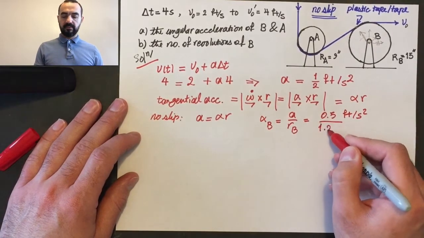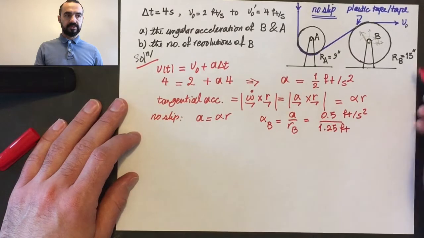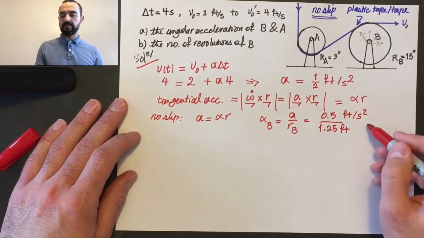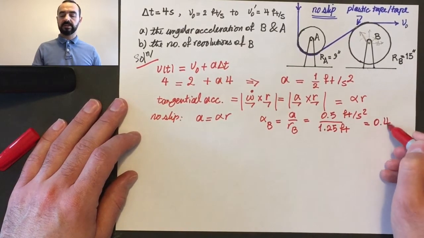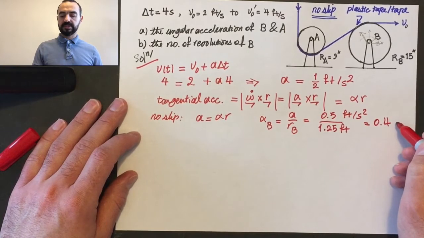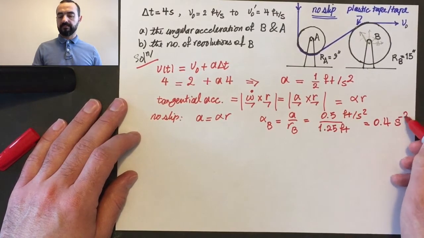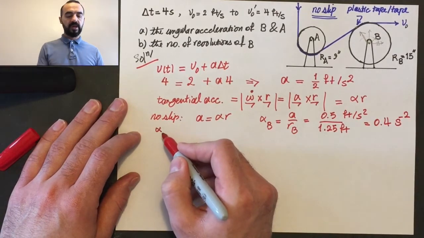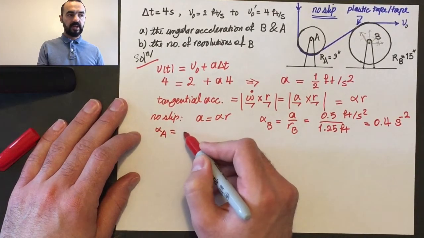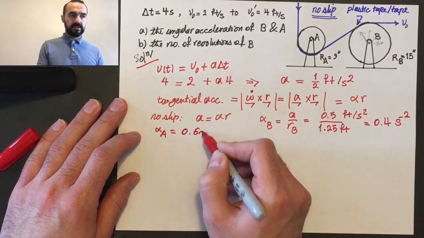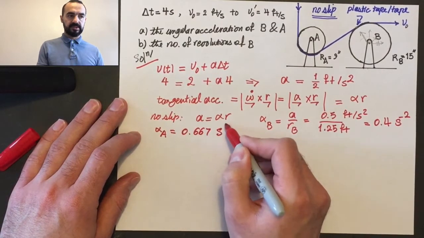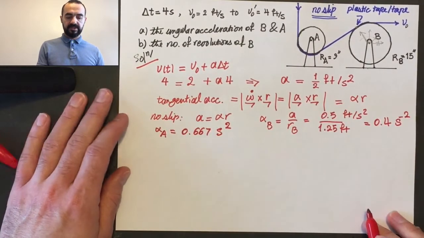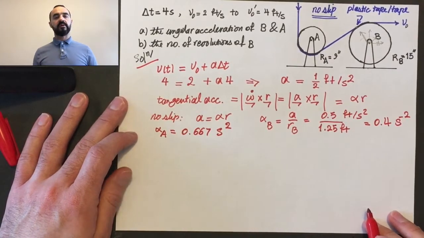And then we have RB, which is 1.25 feet. Remember to change the unit, and this is going to be 0.4 per second squared. And for A, you can do the same thing, and alpha A is 0.667 per second squared. This is part 1 of this problem.